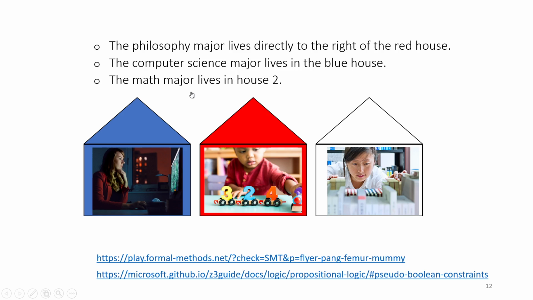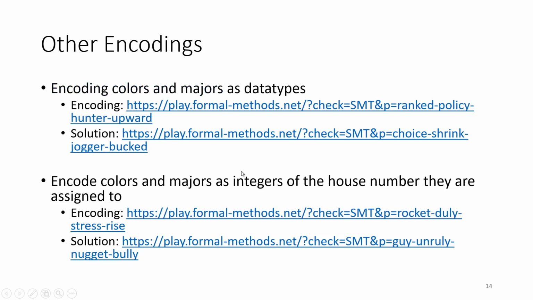If the variable is true, this means a relation between two entities holds. A relation between a house and a color holds, or a relation between a house and a major holds. So this is a very, let's say, indirect encoding. We're not really encoding the entities. Then with data types, we explicitly express, well, there are houses and they have these numbers, and there are colors and they have these names. So let's look at that one.